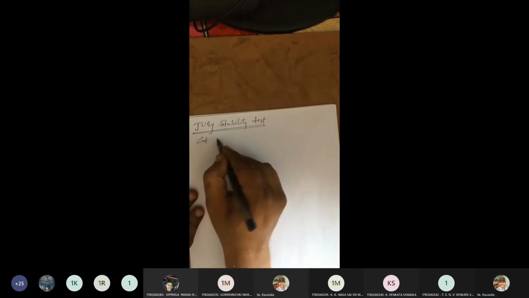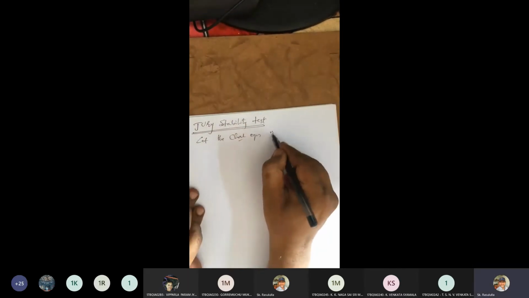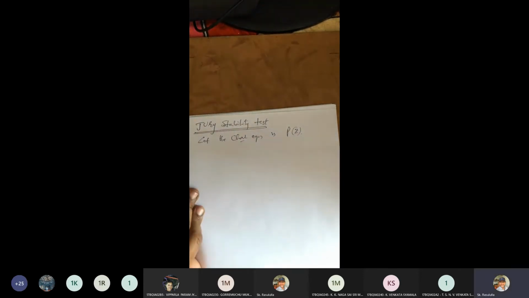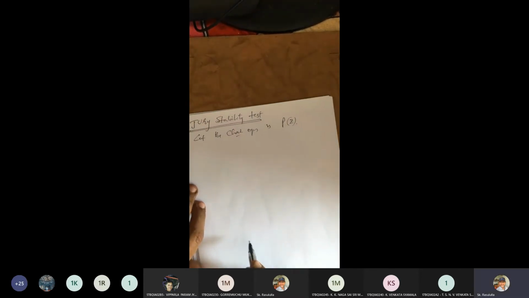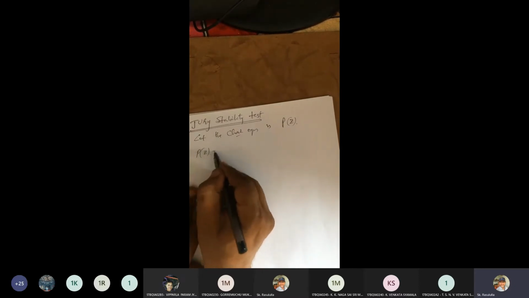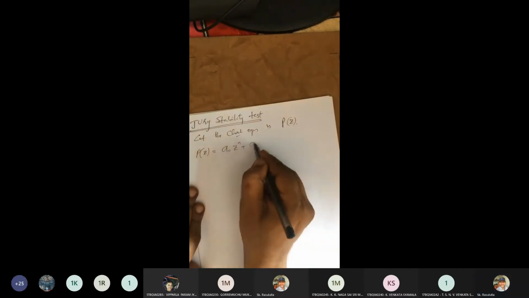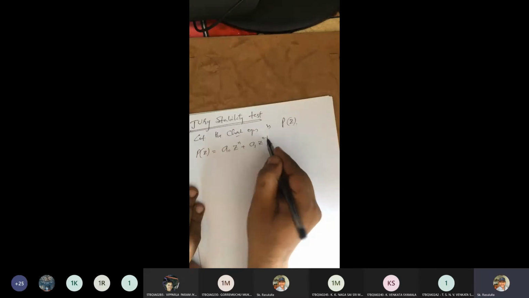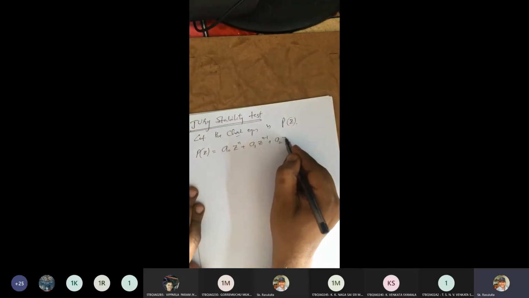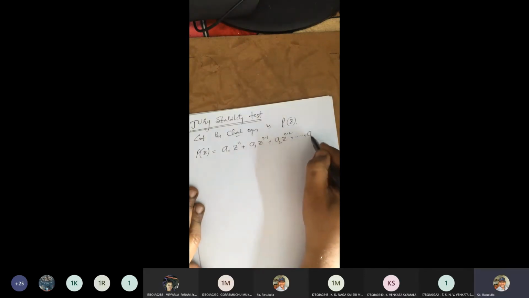Let the characteristic equation be P of Z. Characteristic equation ni P of Z anukundam. So characteristic equation, let it be in the form of P of Z is equal to a0 Z power n plus a1 Z power n minus 1 plus a2 Z power n minus 2 and so on, plus a(n minus 1) Z plus an.